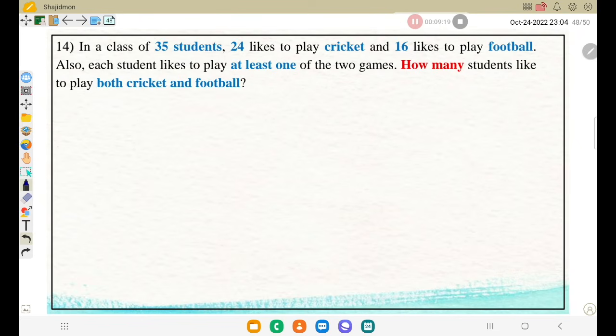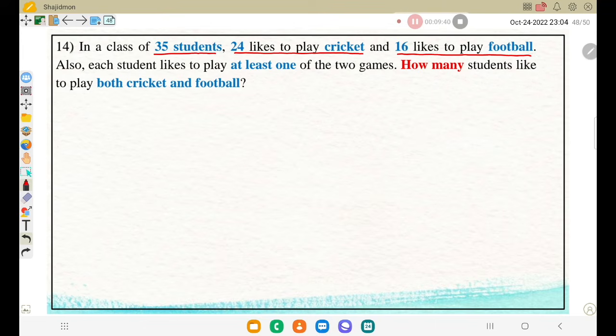Question number 14. You can read the question correctly so that you will understand the content. I am just reading here: in a class 35 students are there. 24 like to play cricket, 16 like to play football.